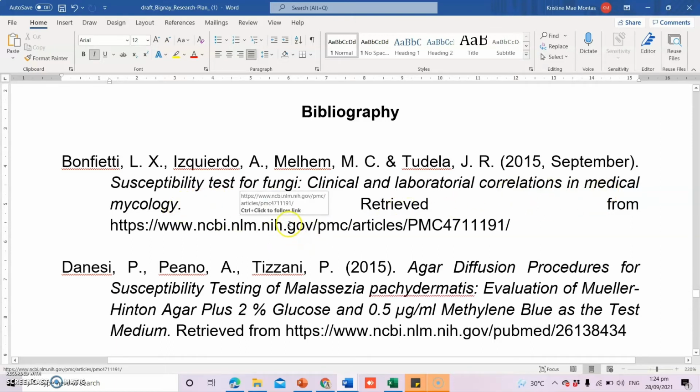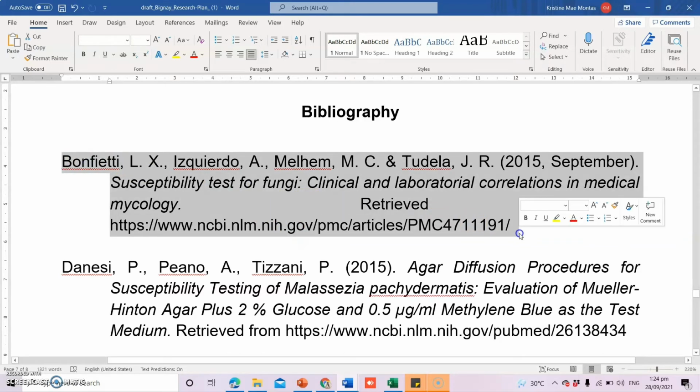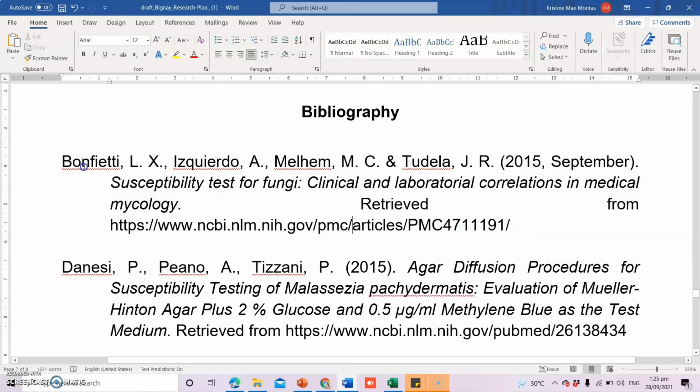Okay, so this is an example of bibliography. This is an example of the APA style. So kapag APA style, kailangan nyo munang isulat yung surname, and then yung initial lang naman nung tao, which is si Bonfietti.